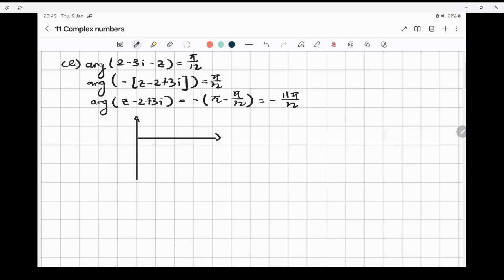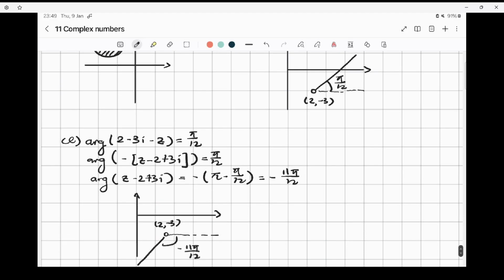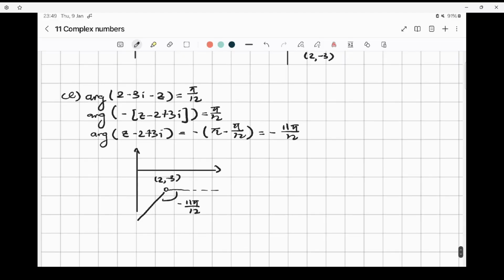So the point is still 2 minus 3i. This will be your horizontal axis, which is parallel to your x-axis. And this will be minus 11 pi over 12. So you can see that the difference between these two angles, basically one is going up, half of it, the other one will be going down, which is also half of it. Okay.